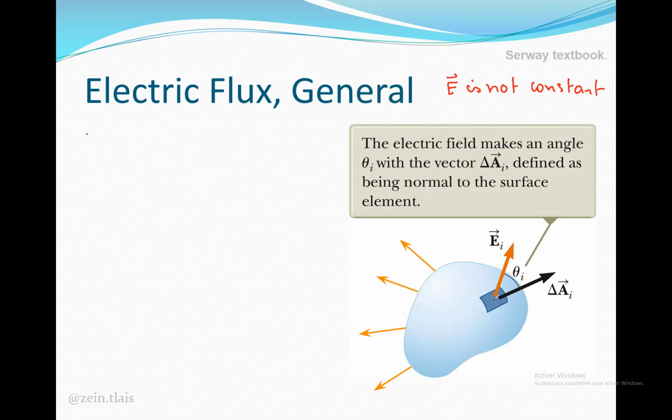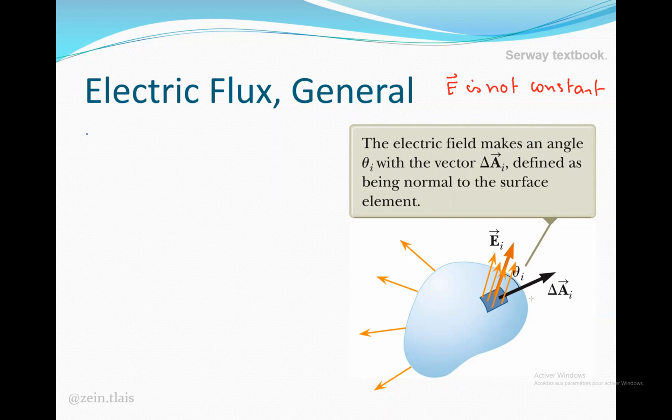At this small element, the electric field has the same direction at each point here, like this. Because it's small, we can have a constant field at this point.